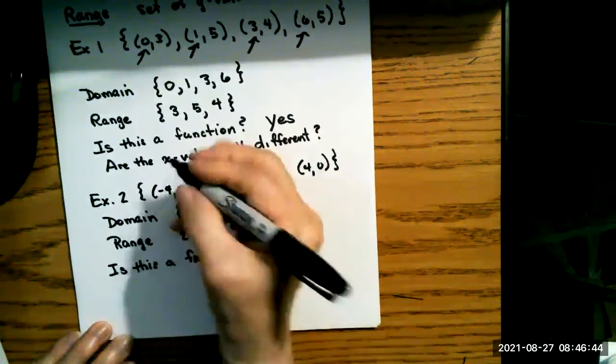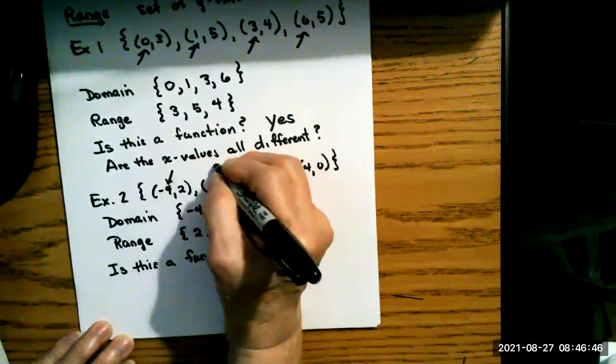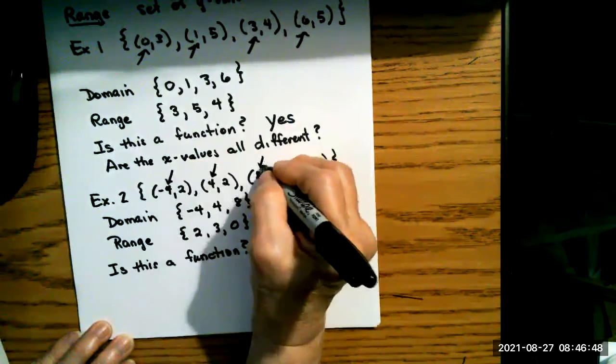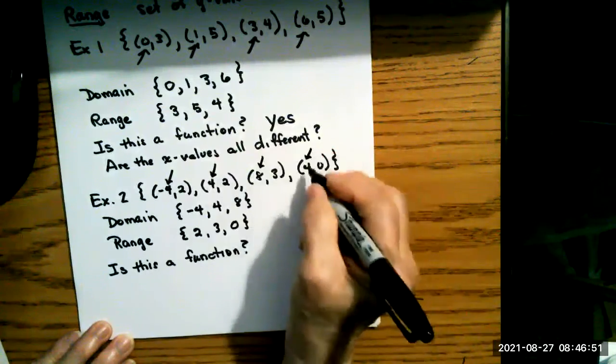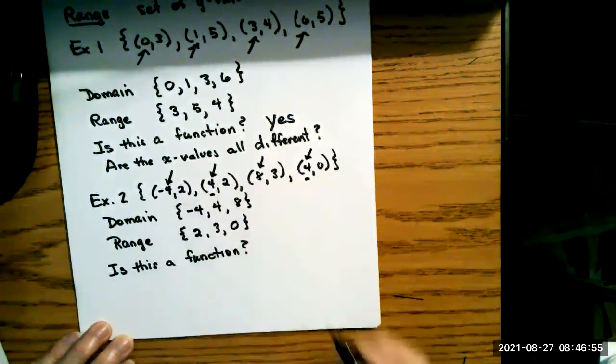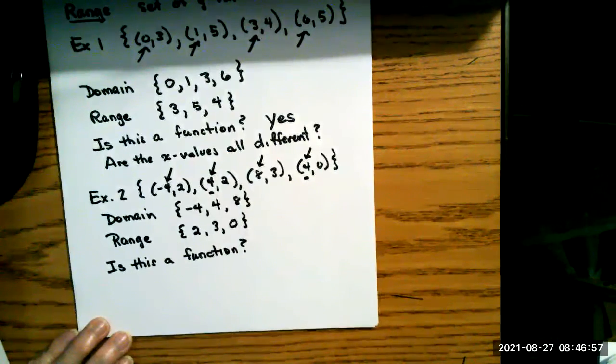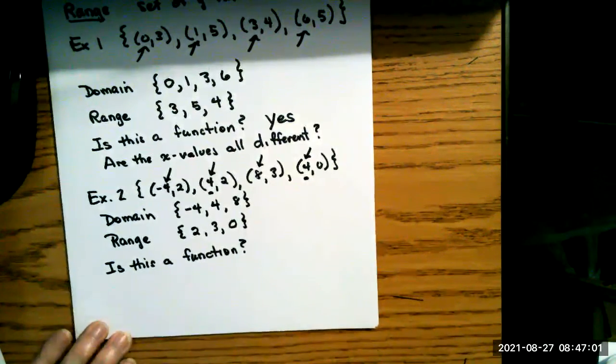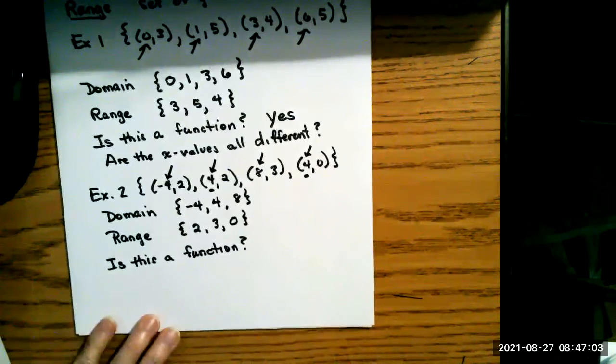Now then, I check out the x's to see if they're all different. And I see that I have a 4 here and a 4 here. That messes it up because I have 2 that have a 4 listed as part of the domain there.